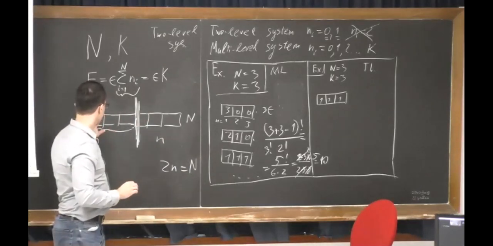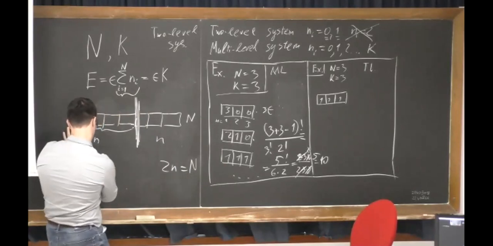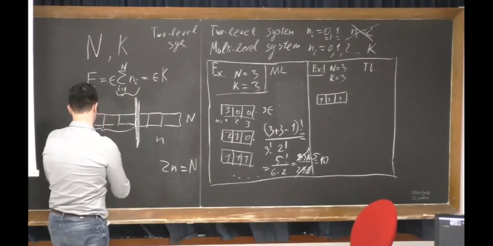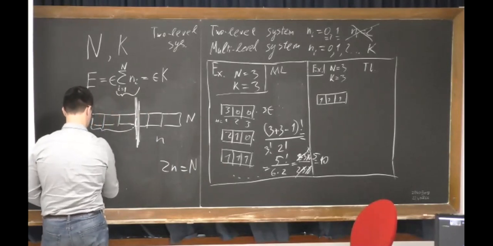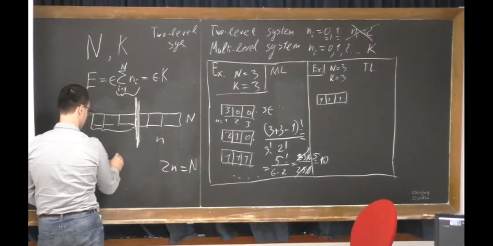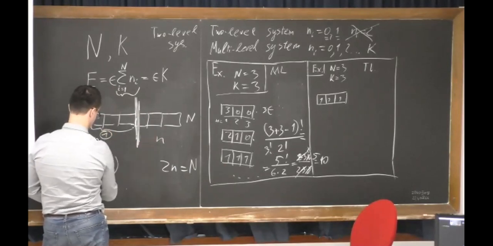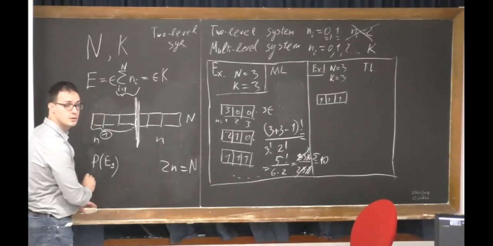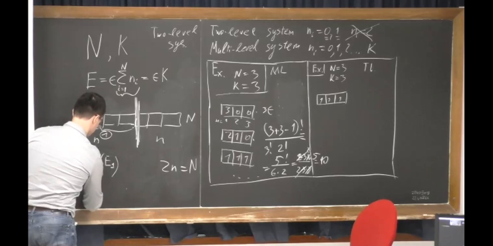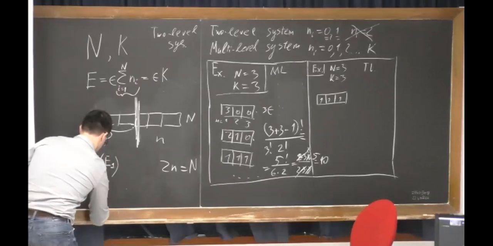Now, I'm asking you to find, first of all, the probability of observing energy E. Let me put here 1. This is subsystem 1. Then we want S1, the entropy in this state, and T1.